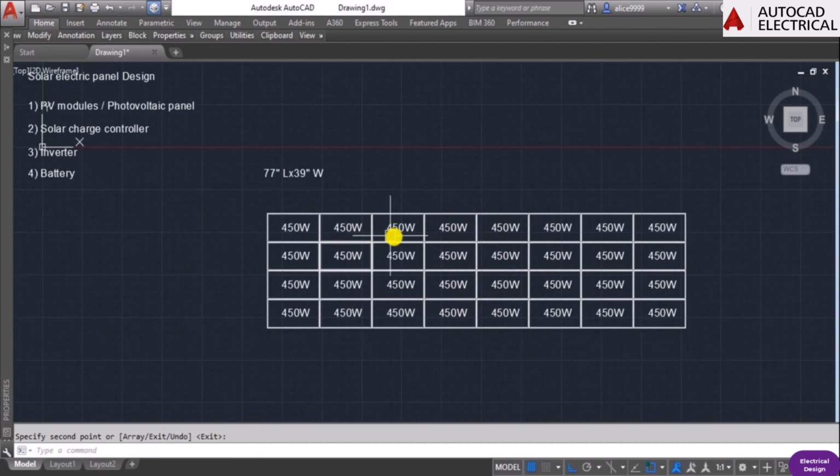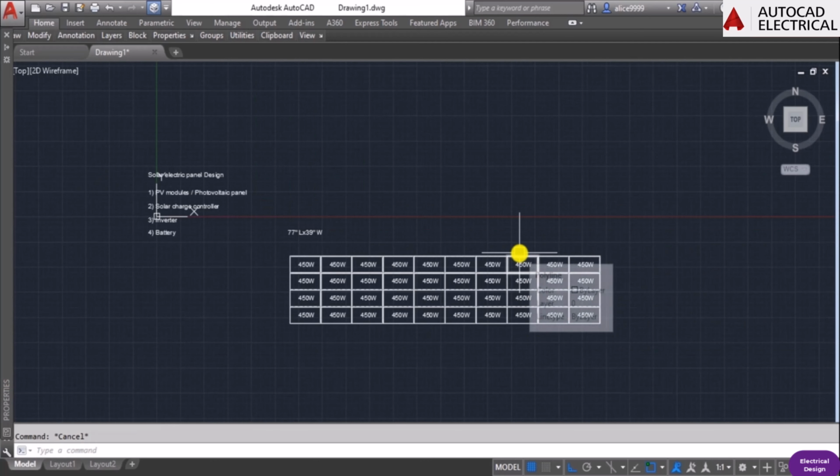So these are the 40 panels for the entire building, so that the total length of the building must be more than 20 meter, so that the panels can be arranged accordingly.